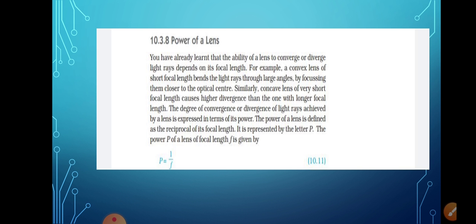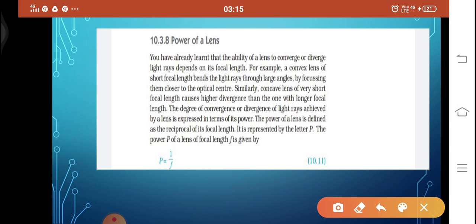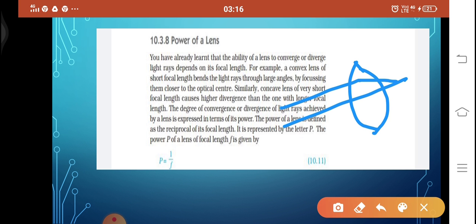For example, a convex lens of short focal length bends the light ray through a large angle. Now suppose the very thick lens. Now the ray will come, so it will bend very close. So that is the meaning.